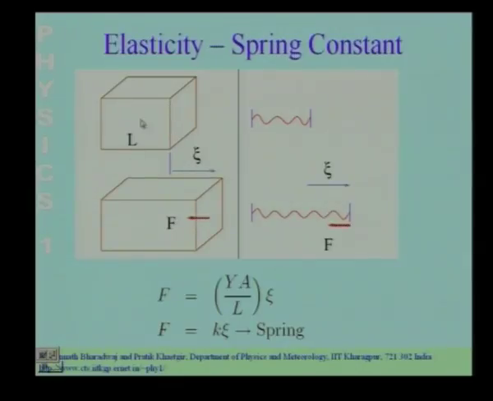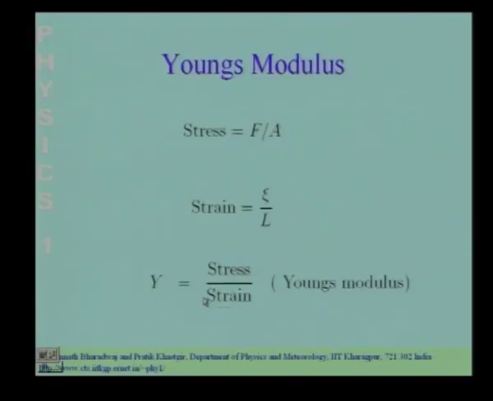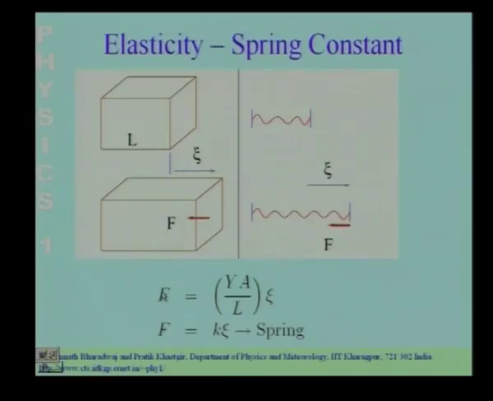So, this basically tells us that the force that will be developed if I elongate or deform this rod is proportional to the deformation of the rod, and the constant which relates the force to the deformation xi is arrived at through the fact that the stress divided by the strain is the Young's modulus. So, the constant relating the force which develops if I deform this object by a length xi is the Young's modulus times the cross sectional area divided by the undeformed length of this object.